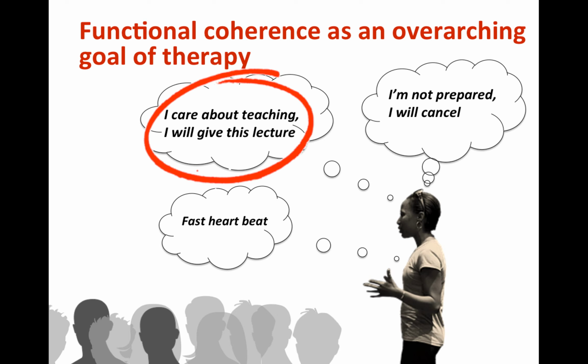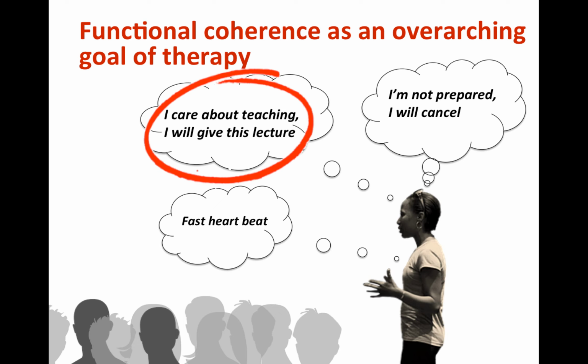Note that having the thought, I am not prepared, I will cancel, is not a problem per se. She could have these thoughts and still give the talk. But in order to do that, she needs to connect this situation to what she cares about, or at least to some other sources of influence that are more likely to take her in this direction.